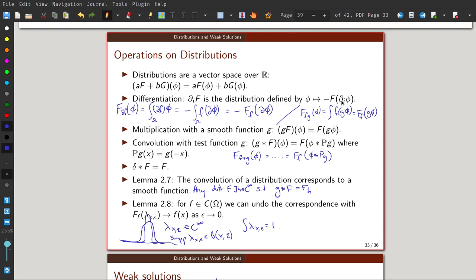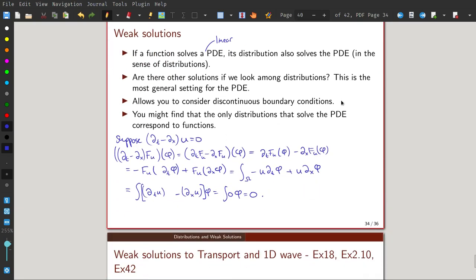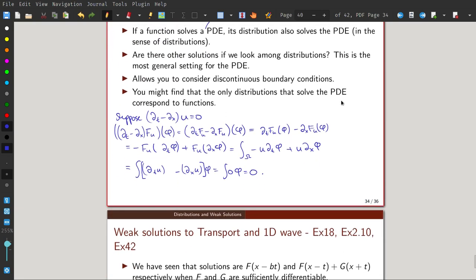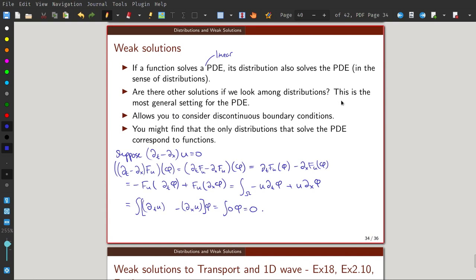So that means differentiation in the sense of distributions can occur as many times as you like. There's none of this needing to assume the solution to be C2 or something for distributions. You just say, can this be solved in the space of distributions or not? So it's the most general setting for linear partial differential equations.